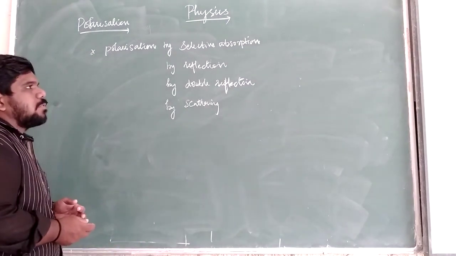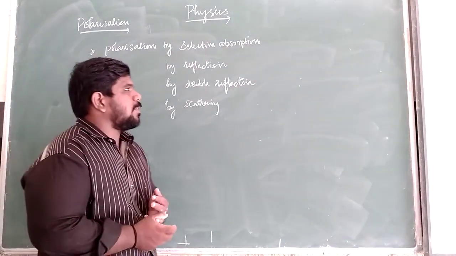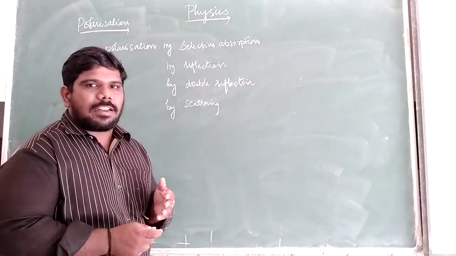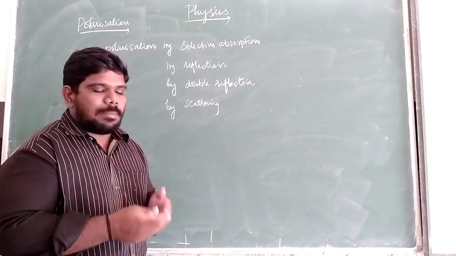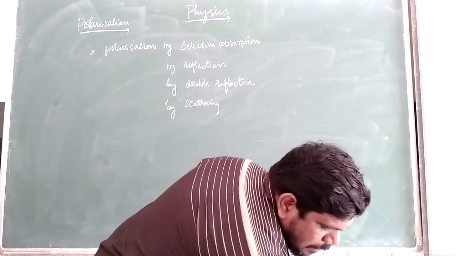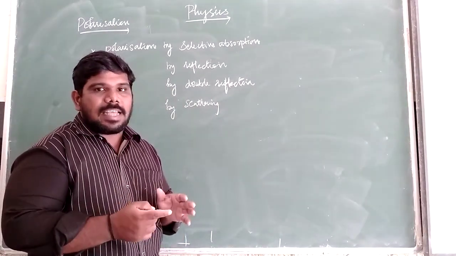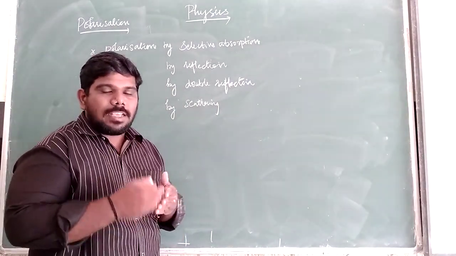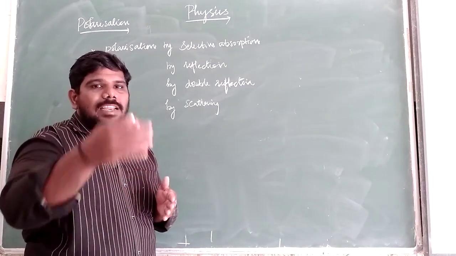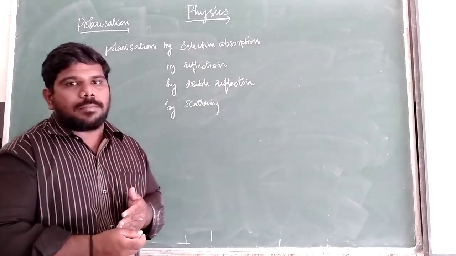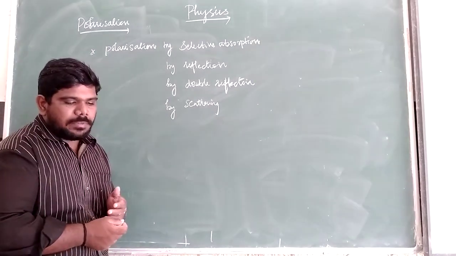So the selective absorption is a property of a material which transmits the waves whose electric field vibrations in the plane are parallel to a certain direction, and the remaining vibrations are absorbed.